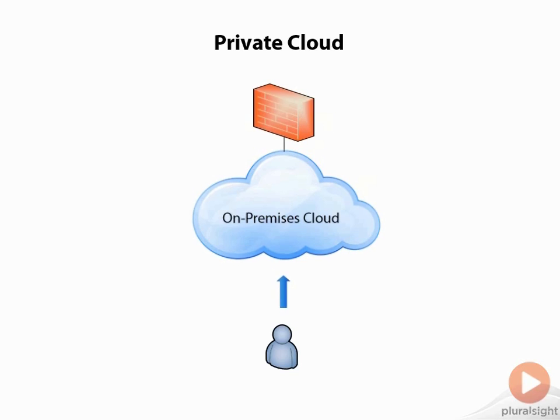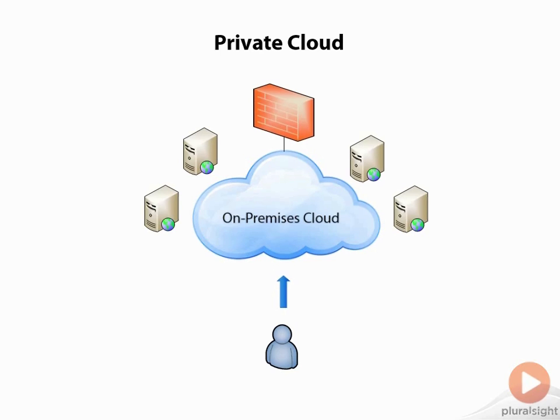Now we consume services from our on-premises environment, and they're living inside the firewall, inside that same environment where the on-premises cloud is. It's not that they can't be presented externally through DMZs and other external firewall rules, but the resources themselves are all inside our on-premises network.